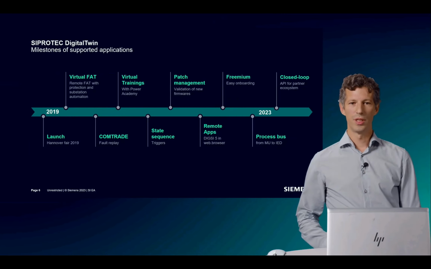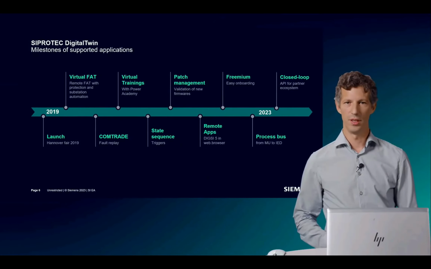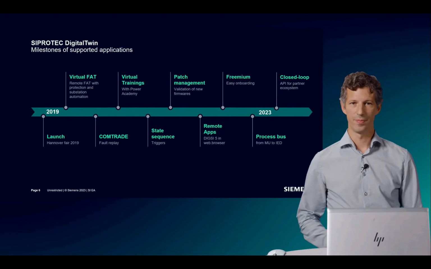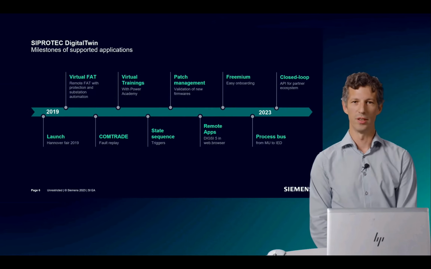The journey with CIPROTEC Digital Twin started 4 years ago, and we are continuing to deliver more value to our customers around the globe with various applications, starting with virtual factory acceptance tests, virtual trainings, power fault investigation, etc. Many webinars that we organized at Siemens in the past months showcased CIPROTEC 5 protection devices with CIPROTEC Digital Twin to perform any protection test.